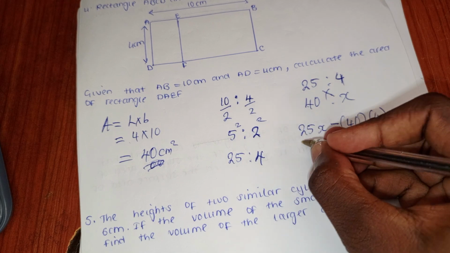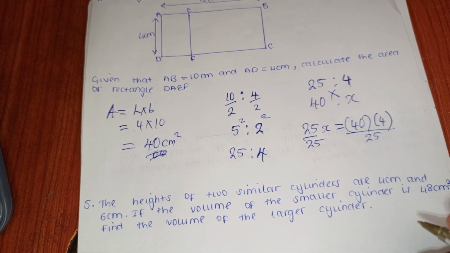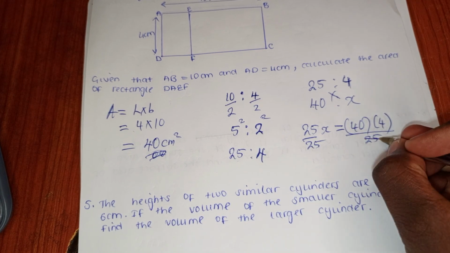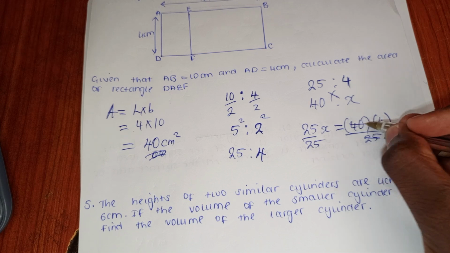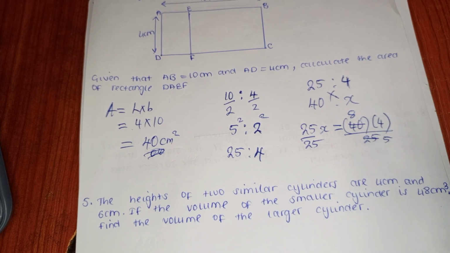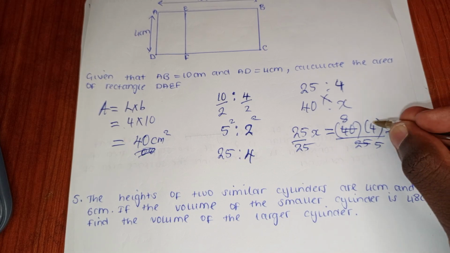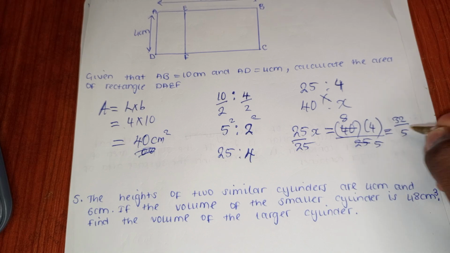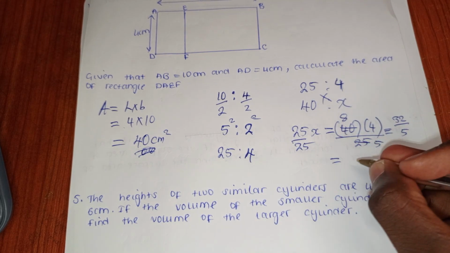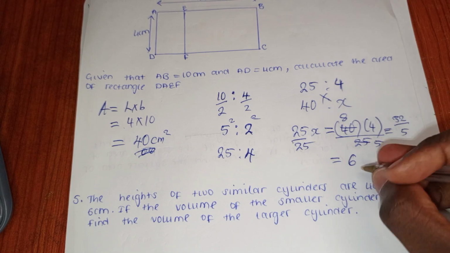So this will be over 25 over 25. So you can reduce it here. 5 into 25, that's 5. Then 5 into 40, that's 8. So 8 by 4, that's 32. So we can say 32 over 5. So 5 into 32, that's 6 remainder 2.